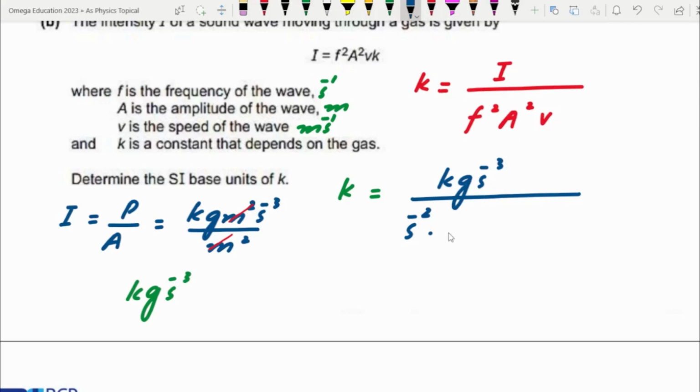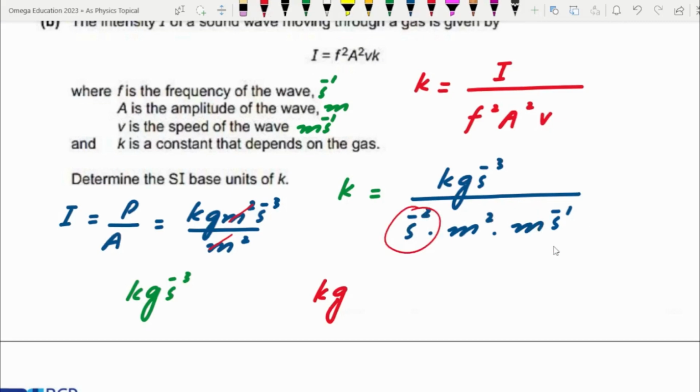A is the amplitude, so A² would be meter square, and speed would be m s⁻¹. Let's do some cancellation. Kilogram would be there as it is because there's no other kilogram here. Downstairs in the denominator, if you combine this one and this one, what do you get? You get s to the power minus 3.